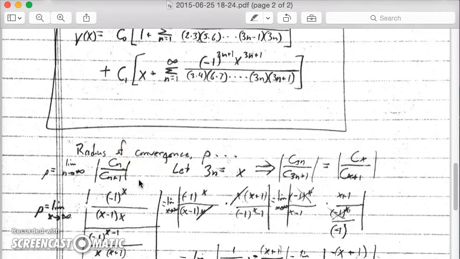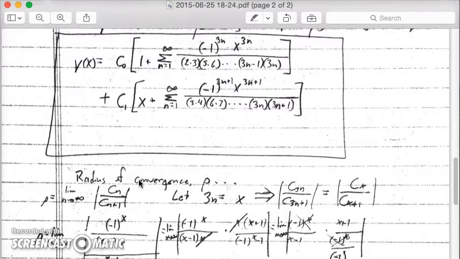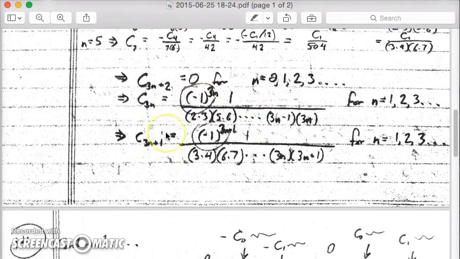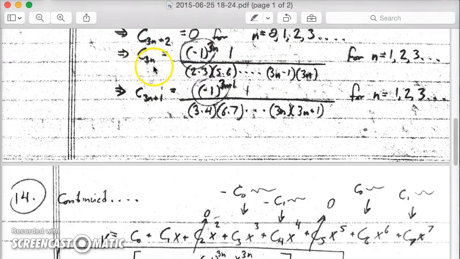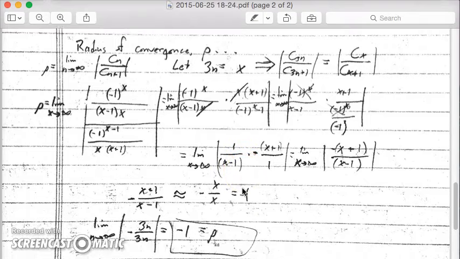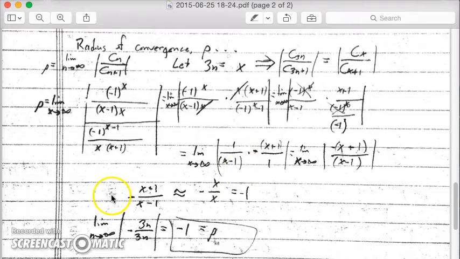So if we sub in from our constants here, what we got for those, with obviously subbed x for 3n, do a little simplification here, and eventually we get negative quantity x plus 1 over x minus 1, which, plus 1 minus 1, very close to x over x, which is 1, negative 1.